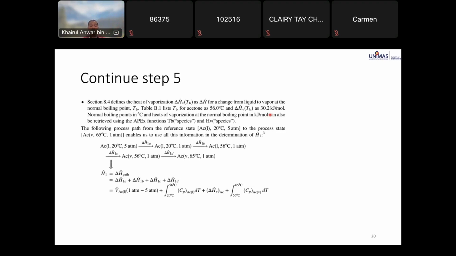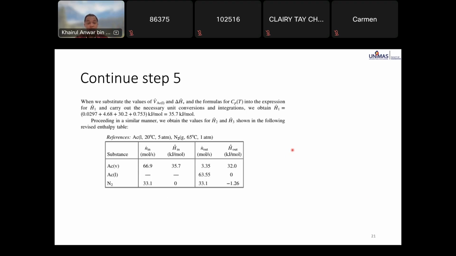You get the delta, the true path. Next is substitute the value of Cp and delta H B, and we integrate Cp dT for H1. We obtain H1 equal to 35.7 kilojoule per mole.